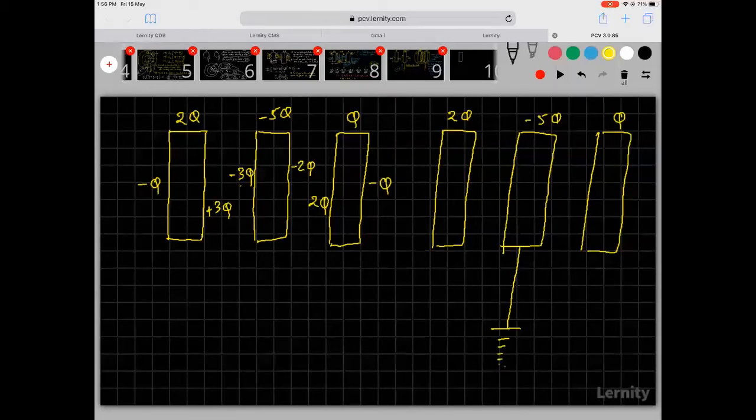So if I am earthing the central plate, what is going to happen? First thing is, this charge is not going to be of any use now. Charge on this outer plate will be 0. Charge on this outer plate is also 0. So charge on this plate will become plus q. On this plate will become minus q. So this plate will become 2q. On this plate will become minus 2q.